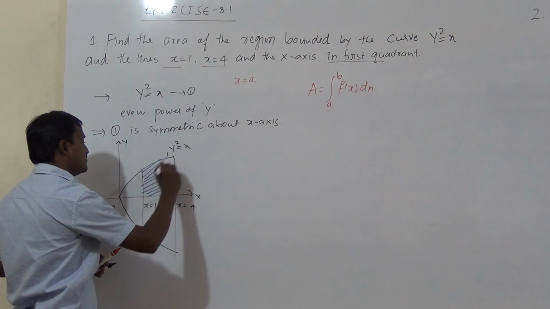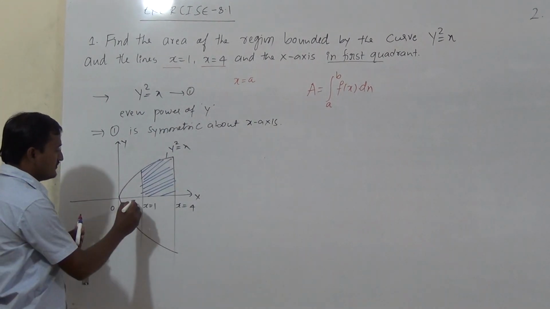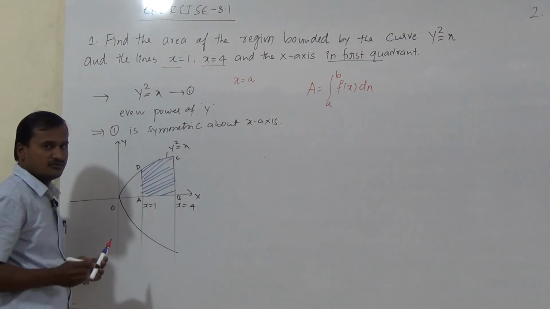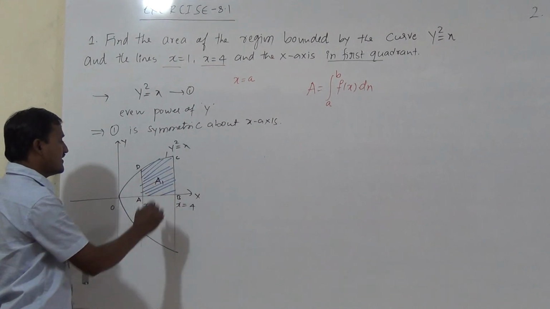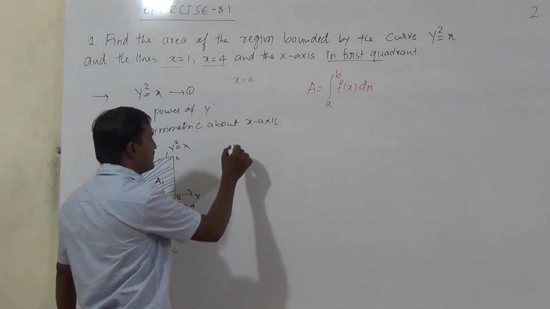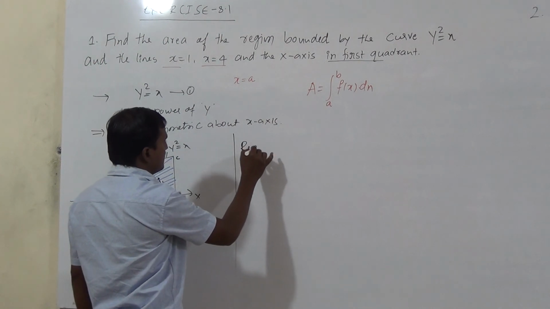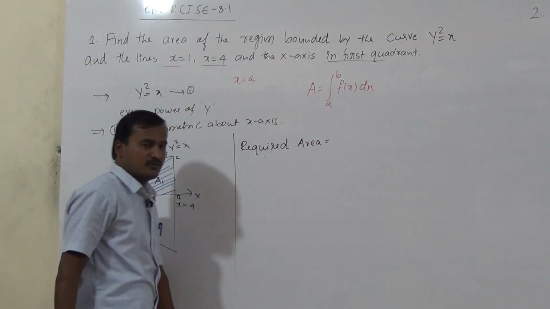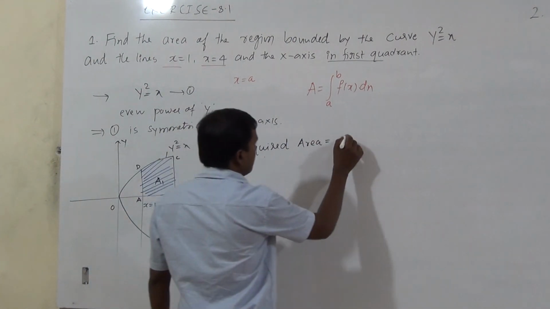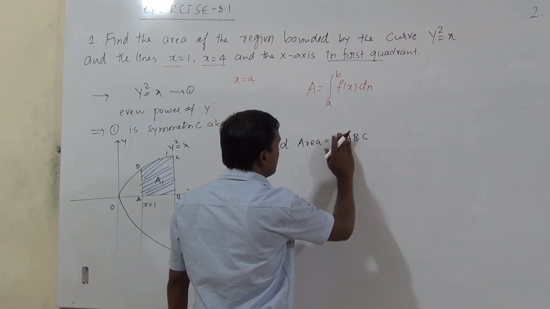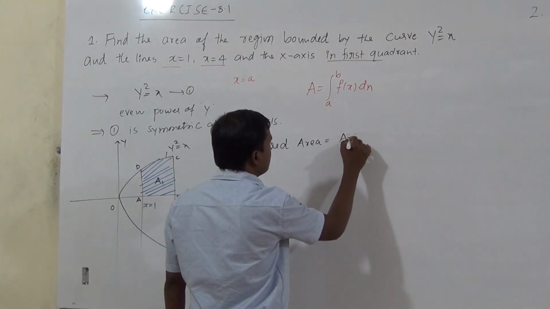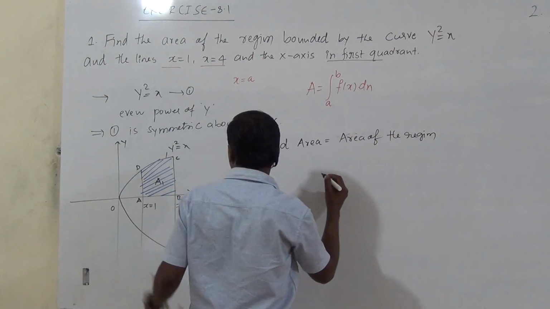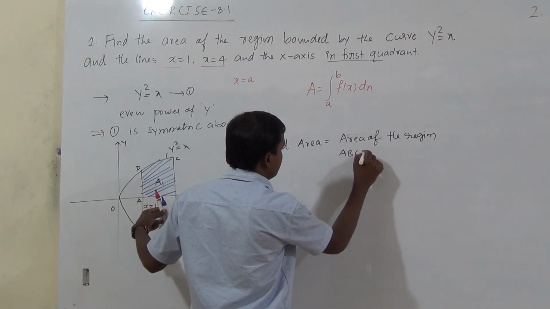So here I will name the points A, B, C, D. Here I should find the area of A, B, C, D. Therefore the required area, I will write, is the area of the region A, B, C, D.